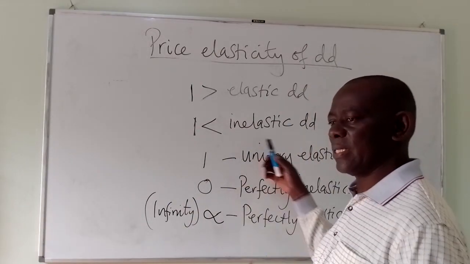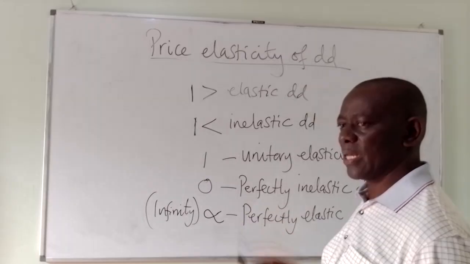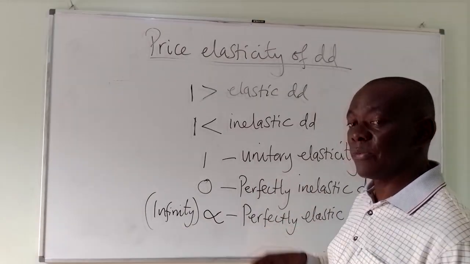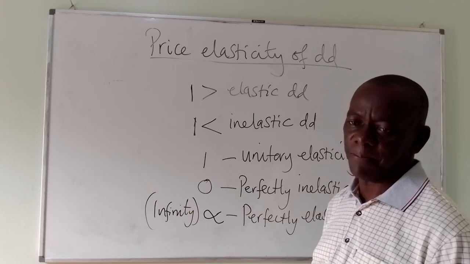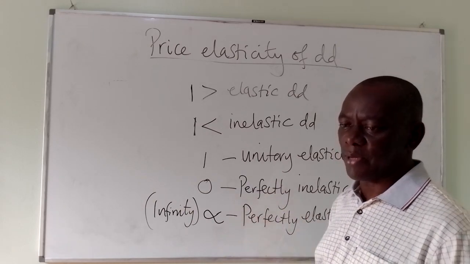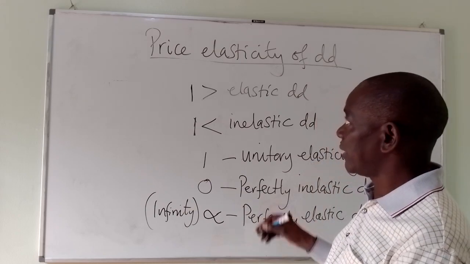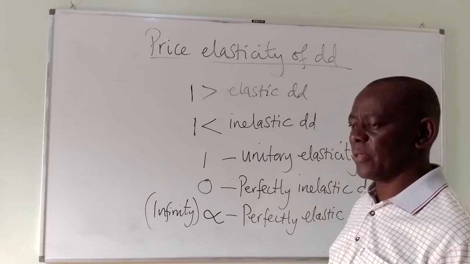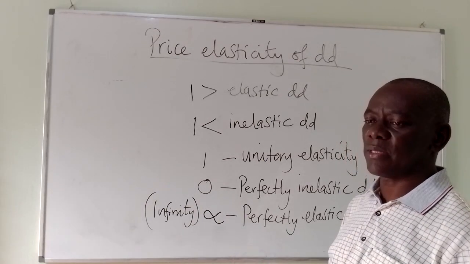It is inelastic demand. It is perfectly elastic. It is perfectly inelastic. All these come out of the calculations that we have done, using that formula for calculating price elasticity of demand. And from that formula, we get the figures. And the figures will give us the conclusions.